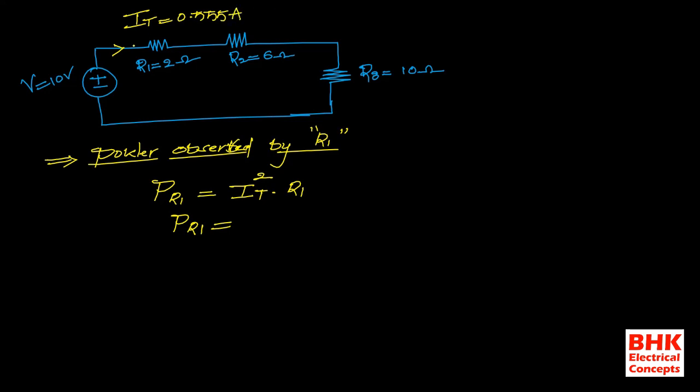The power absorbed by resistor R1 is given by PR1 is equal to total current square into R1. The total current is 0.555 whole square, and the value of resistor R1 is 2 ohms.